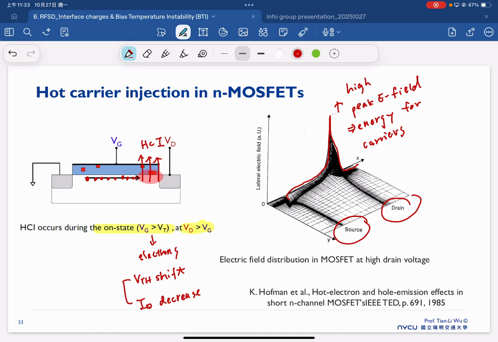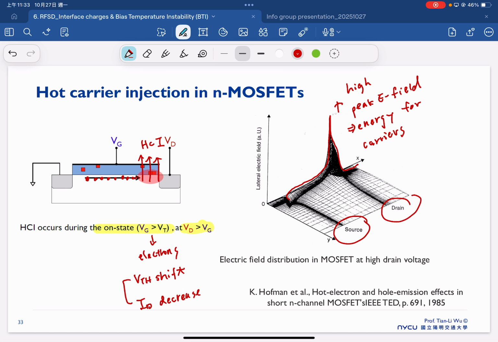Actually, for hot carrier injection, you see the paper here was published in 1985. That was just 1 year later than I was born. But right now, hot carrier injection is still one of the critical issues in lots of devices, especially FinFETs.